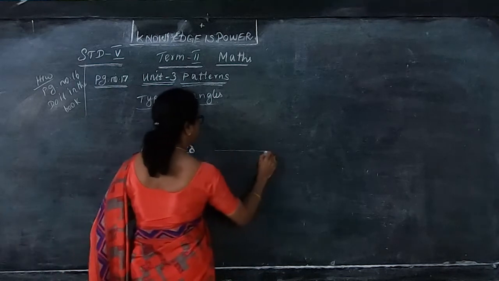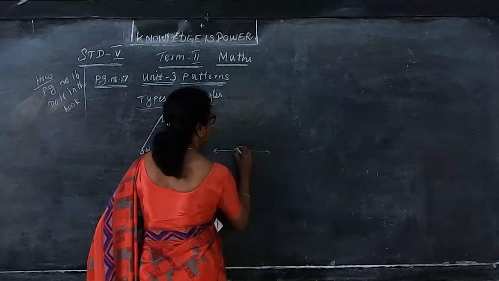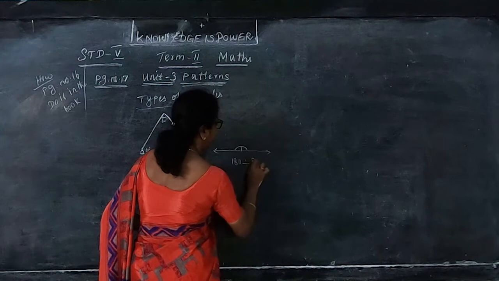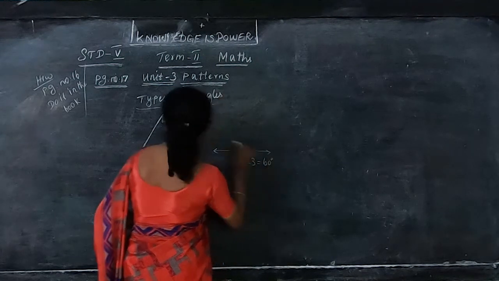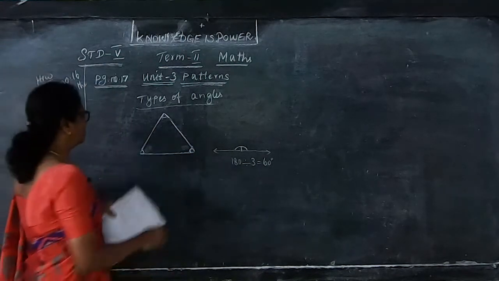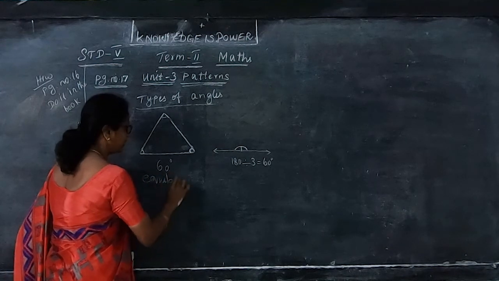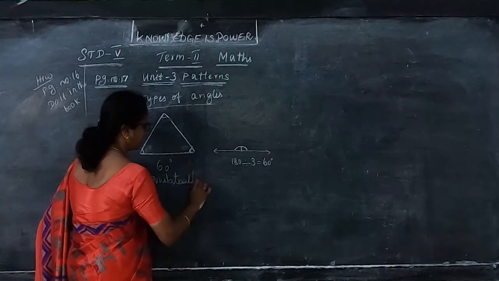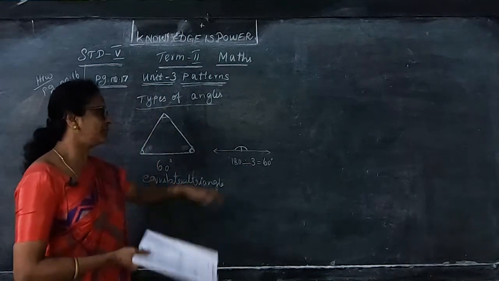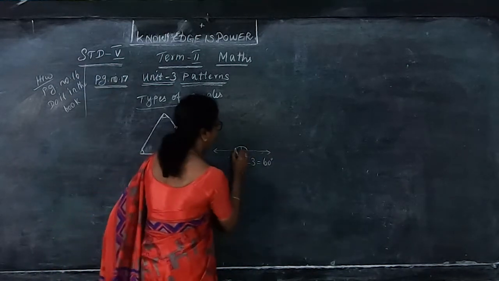Suppose there is a straight line, this is the straight angle, 180 degree. So, 180 degree divided by 3 is equal to 60 degree. So all the three sides are equal. This is the equilateral triangle. This is the straight angle, so straight angle divided by 3, each will be 60.